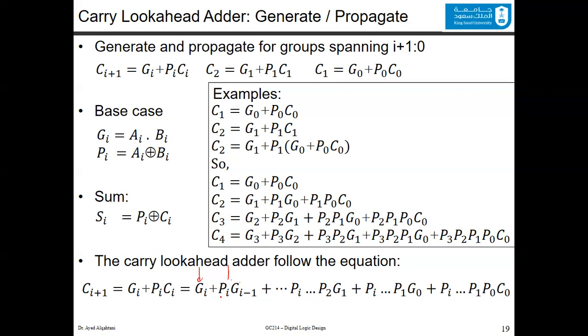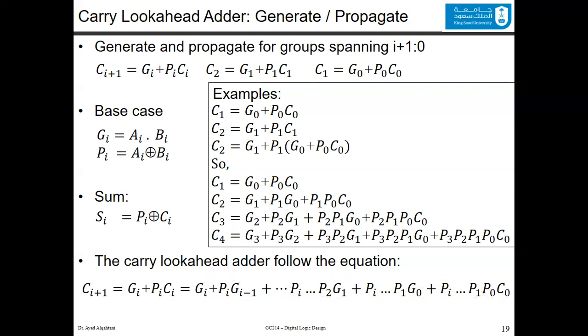You can see that now the Pi, we start from it and then go down. Either it's propagating from Pi going down up to P2 with G1, Pi going to P1 with G0, Pi going down to P0 with the main carry input, which is C0.